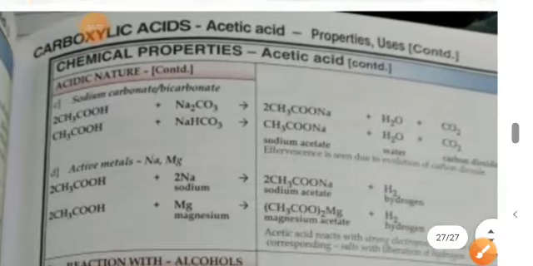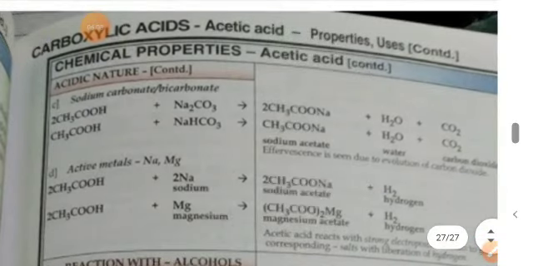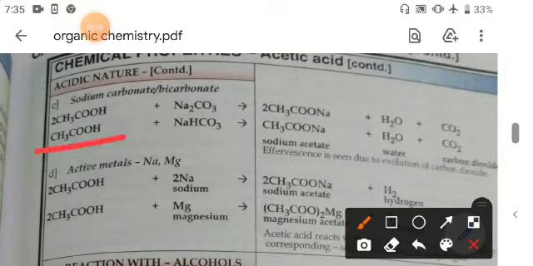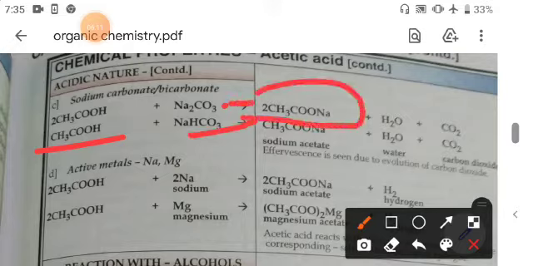Next, when acetic acid reacts with sodium carbonate and sodium bicarbonate, with sodium carbonate it gives CH3COONa, that is sodium acetate, and with sodium hydrogen carbonate, sodium bicarbonate, it also gives sodium acetate, and the remaining products are the same, water and carbon dioxide.